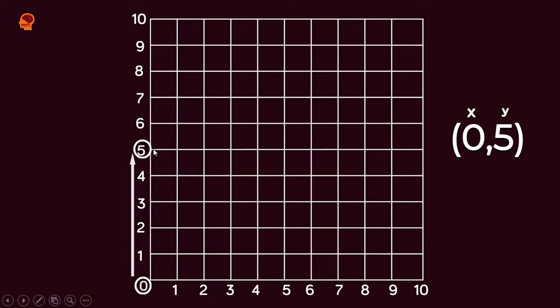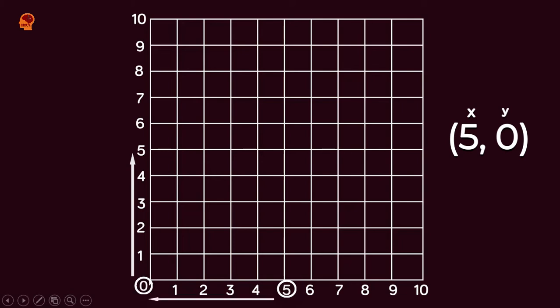It is very simple. What about 5 on 0? We look at 5 on the x-axis, and then we move down to 0 on the y-axis. It is very simple.